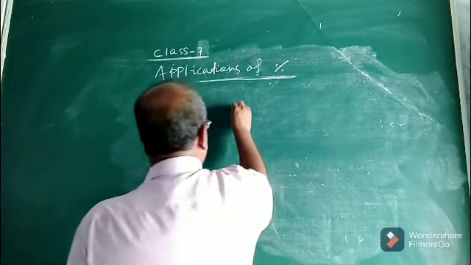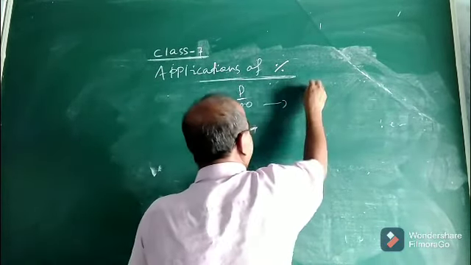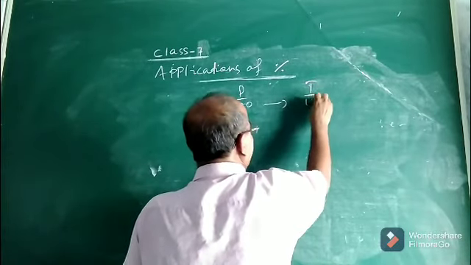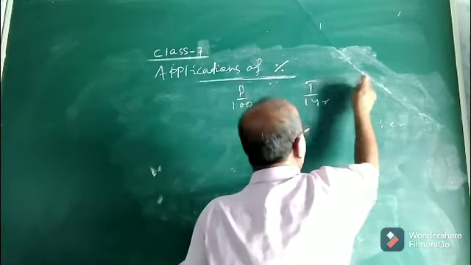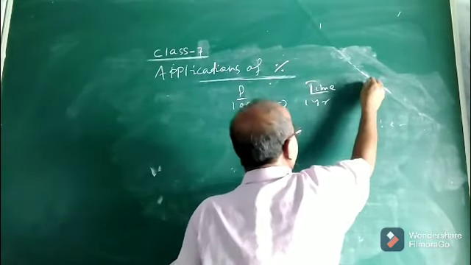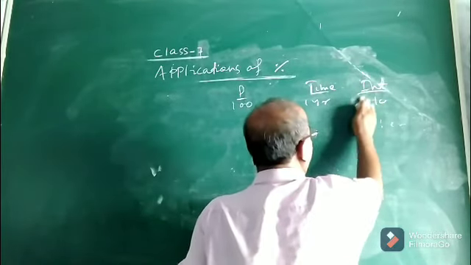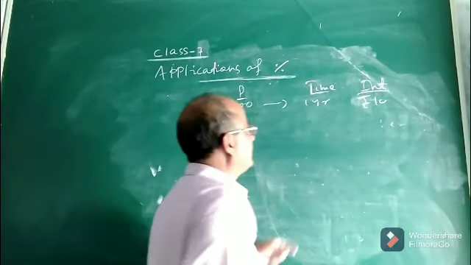So you see, you kept 100 rupees, this is the principal or sum. Time period T is 1 year, and your interest is 10 rupees.